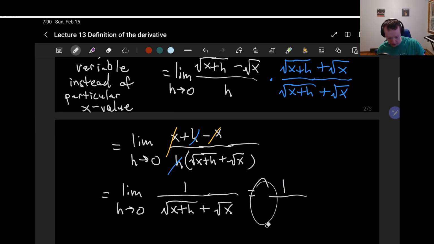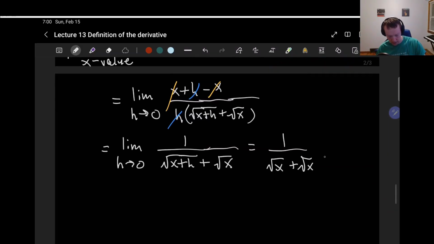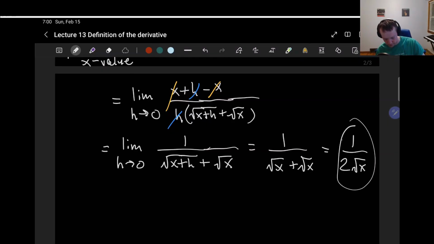So now I stop writing limit because I'm plugging in the value 0 for h. Since this is plus, they're adding together, not canceling out. So you can simplify like this. So now this gives us an expression which allows us to calculate the instantaneous rate of change of the square root function at any x value we like.